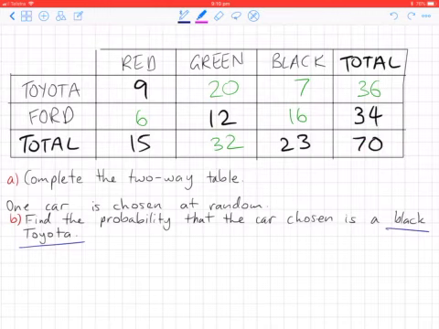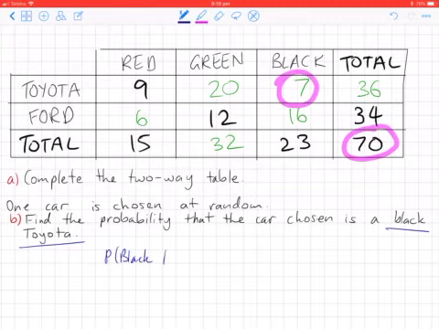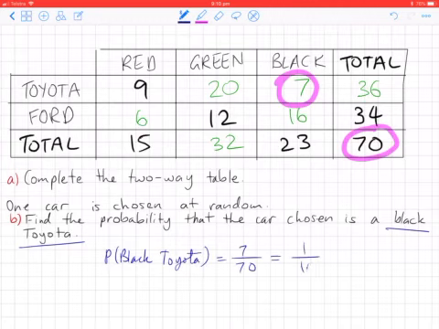That is all the cars added together. So that's actually going to be 7 out of 70. So the probability of a black Toyota is equal to 7 out of 70. Put that in your calculator, it'll simplify.